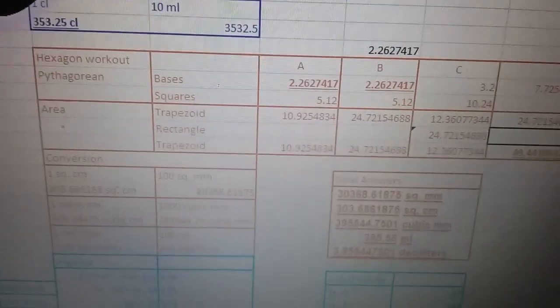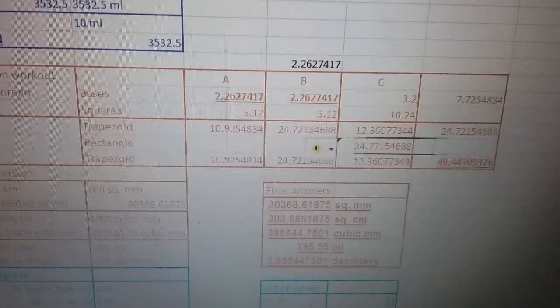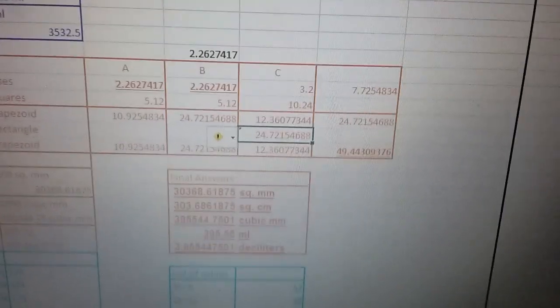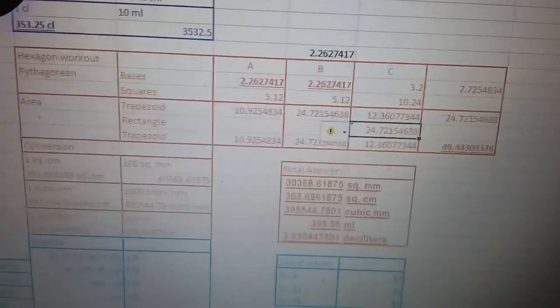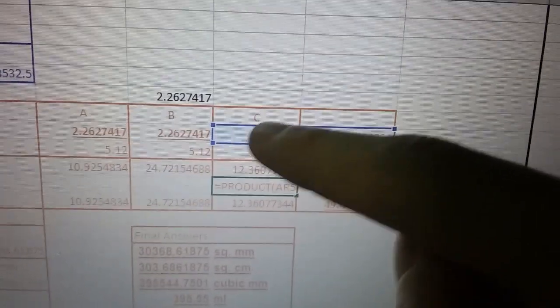So going back to our formula here, ito yung rectangle. Gets ko na. So parang actually, sinam ko yung dalawang rectangle. So what I did here, product ko yung dalawa. It's AR 350 times this one. So that's what I did. Tama. Diba? This is the width of the rectangle.